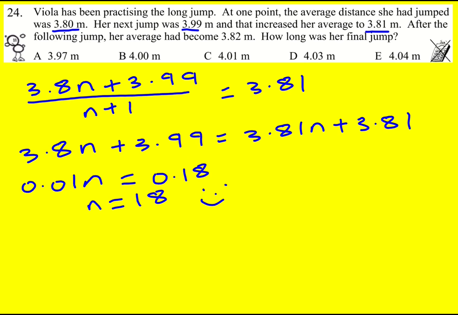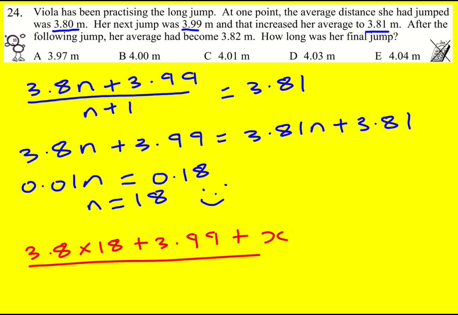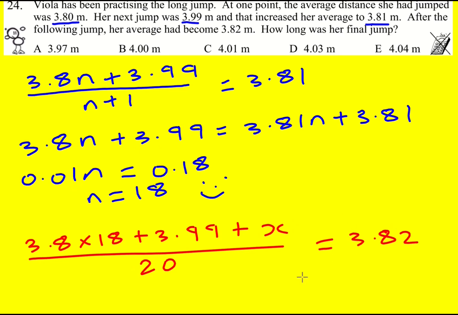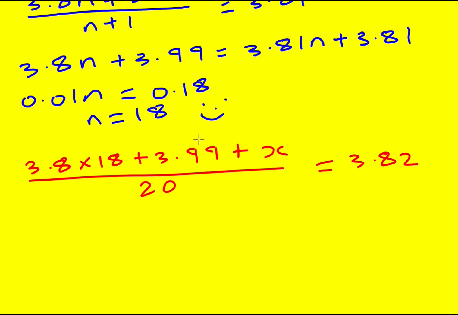So now we've got the next jump. We've got our 3.8 times 18 plus that 3.99 jump plus the final jump, x, divided by n plus 2, which is now 20, and that's equal to 3.82. The first bit was maybe the trickiest bit. Once you got that, it's just like doing the same thing again.